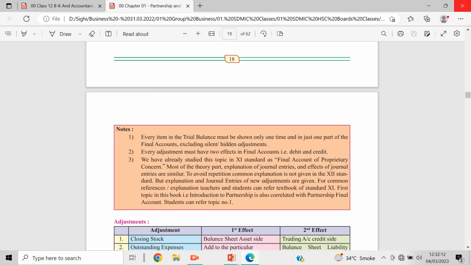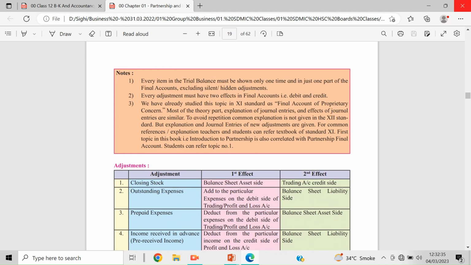Every item in the trial balance must be shown only one time in just one part of the final accounts, excluding silent and hidden adjustments. If these adjustments are given separately, then the adjustment entries should be given two effects: debit effect and credit effect.